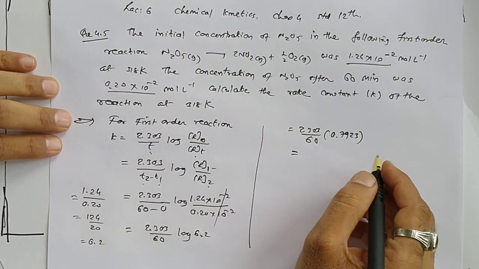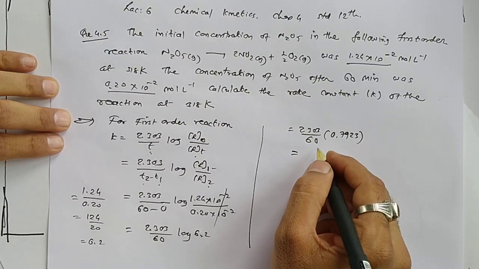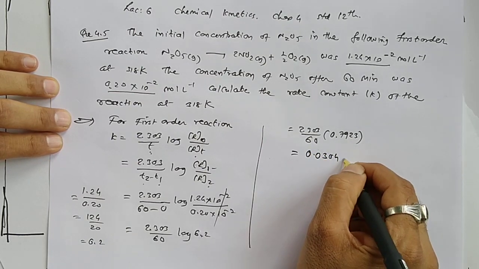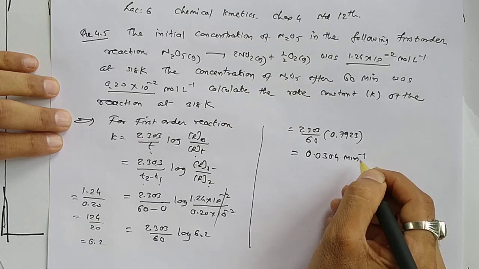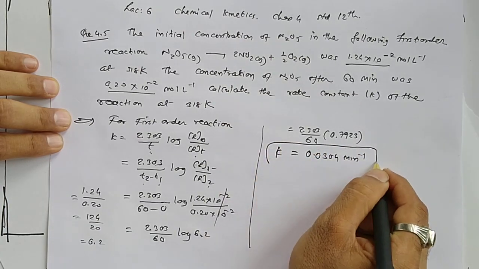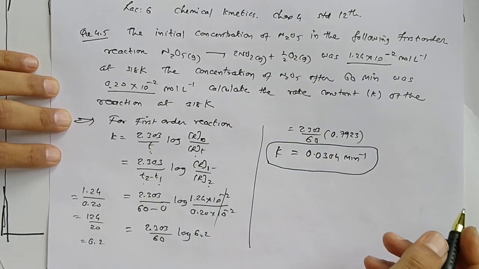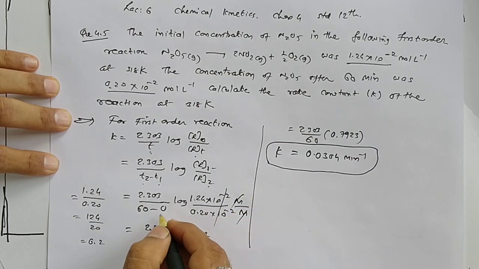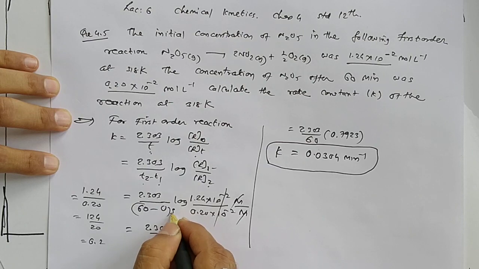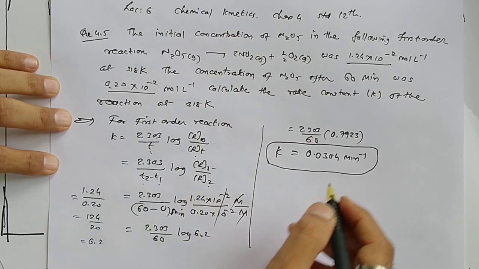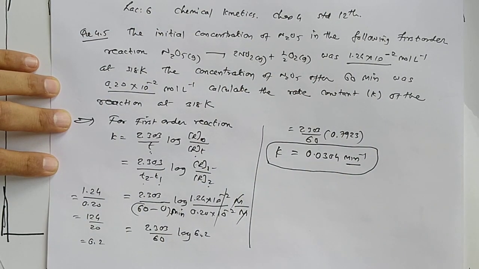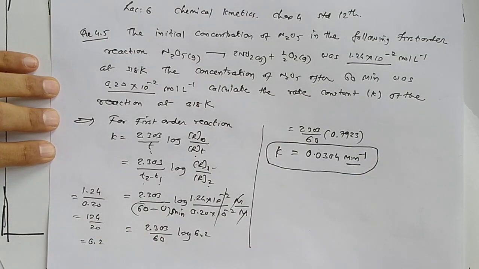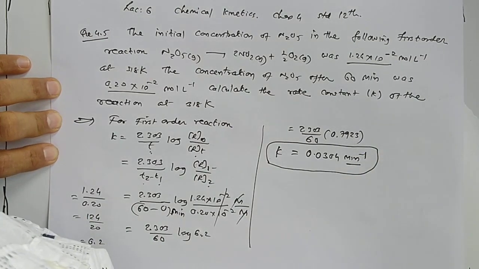Now multiplication and division by 60 gives 0.0304 minute inverse. Why? Our reaction is first order, molarity cuts, and here is minute, so in the upward it will be minus minute inverse. This is our example.